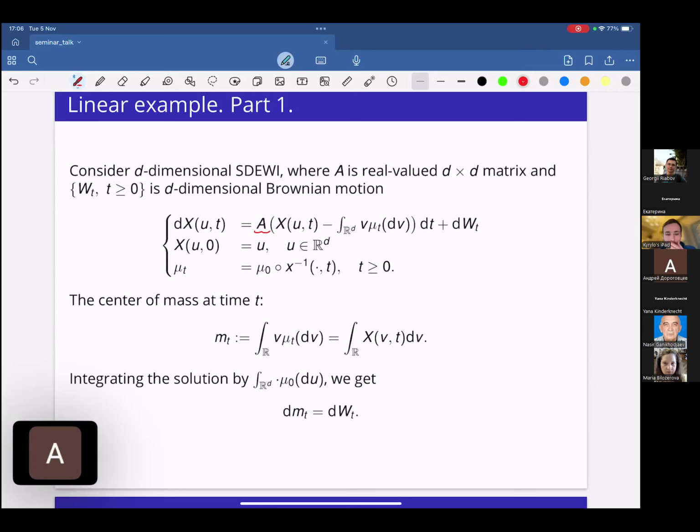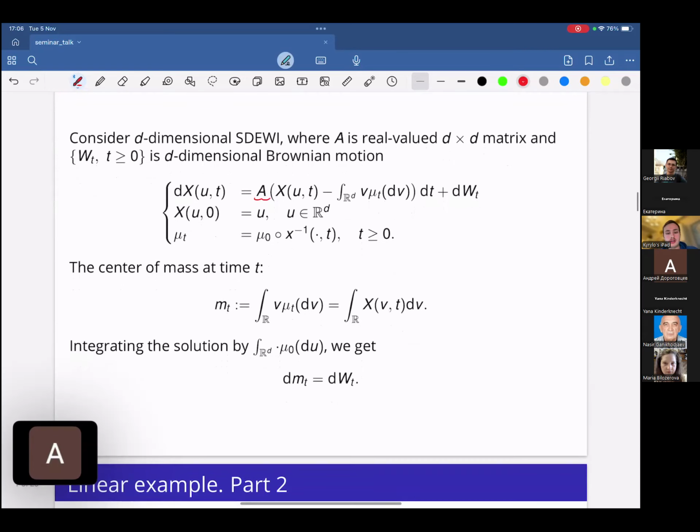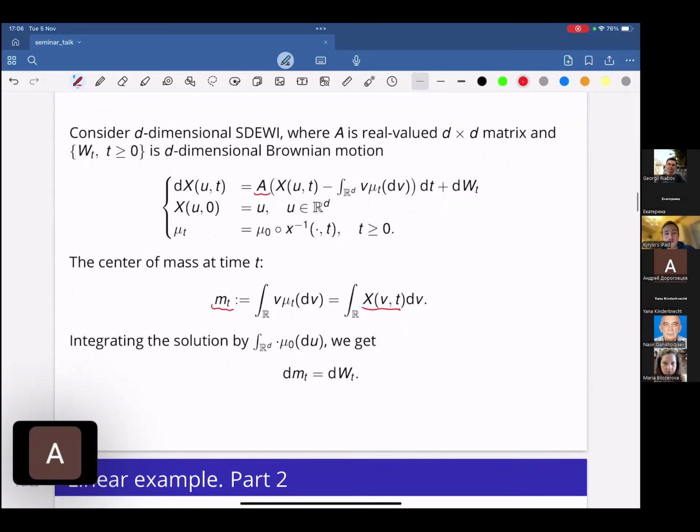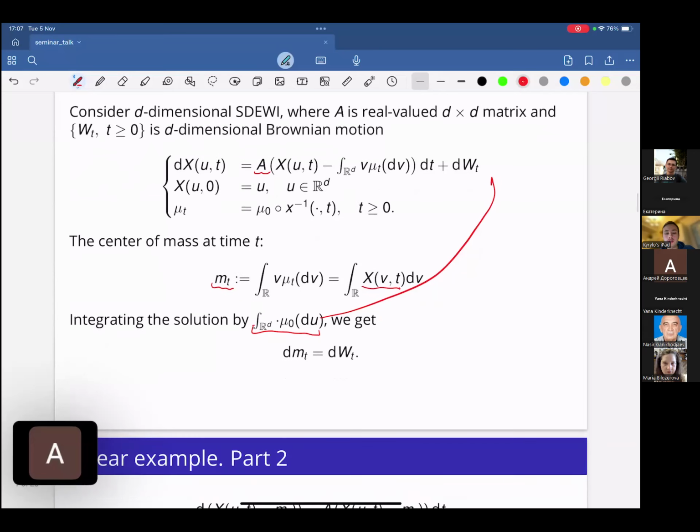In such a setting, we can actually solve this. We define the center of mass at time t, which is just the integral over all points x(v,t). And if we integrate the solution over the measure mu zero, we can actually come to this.